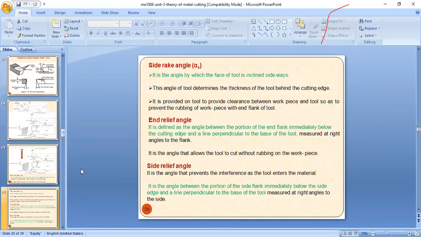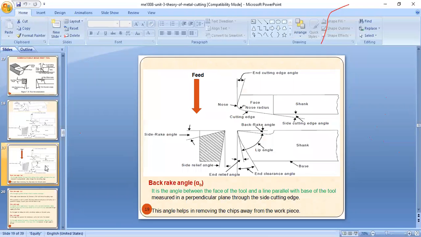Again, the side relief angle prevents interference as the tool enters the material. That is the side relief angle, shown in the figure. So you have to practice all the views: the side view, the top view, everything.